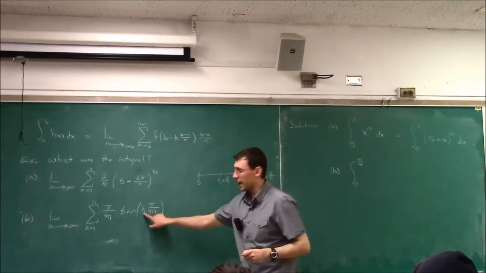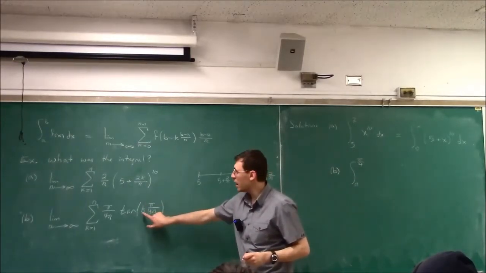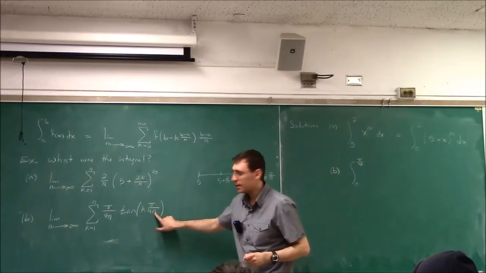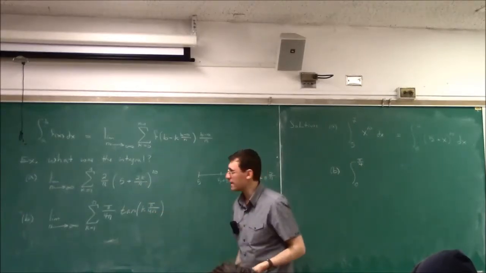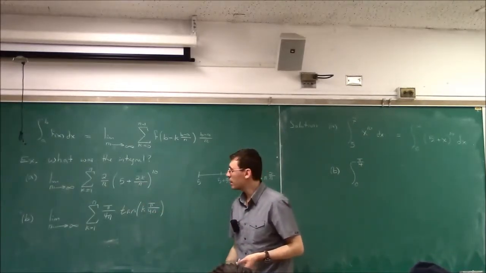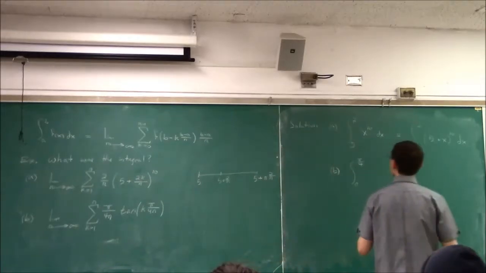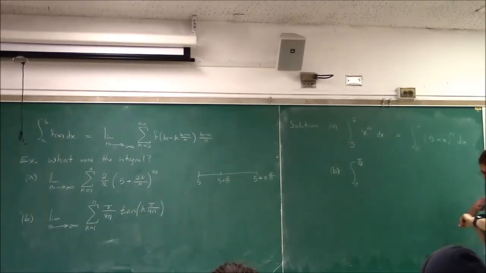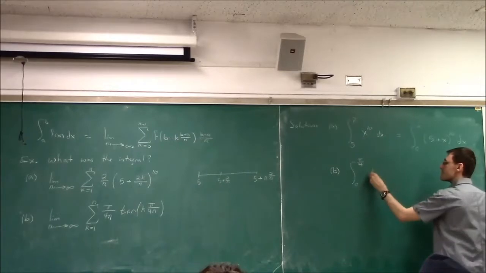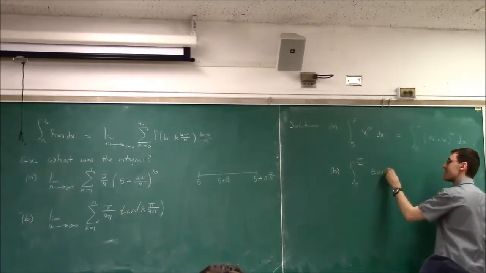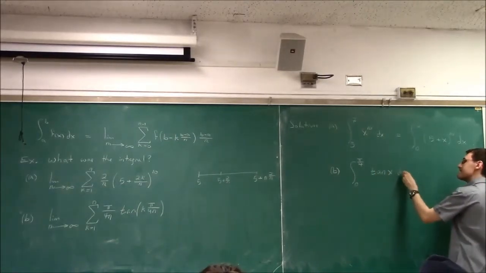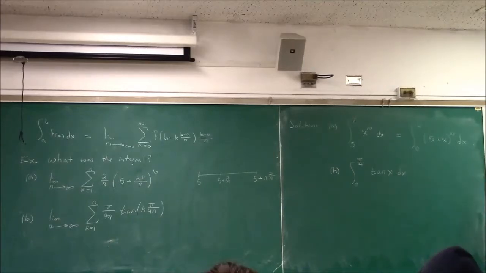Notice that if k is equal to 0, you see tangent of 0. And if k is equal to n, that's the farthest you can displace from 0, you get pi over 4. What are we integrating? Tan x. Tan x dx.